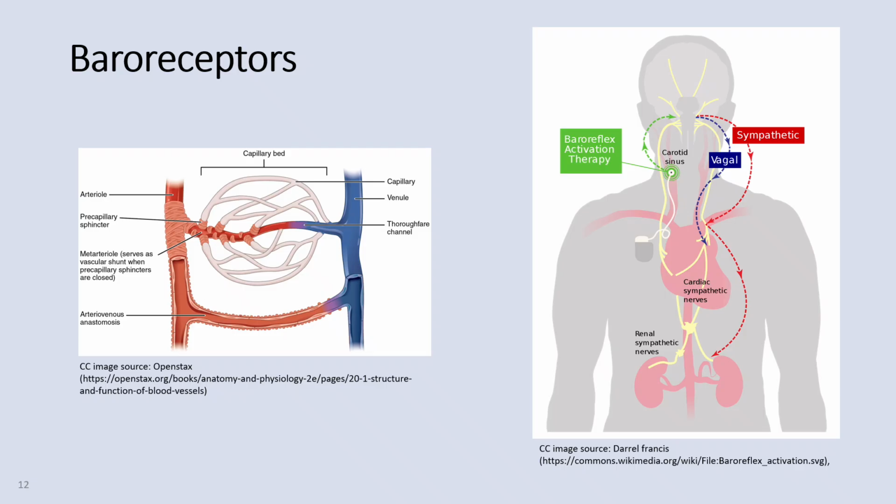The small sphincters seen in the left image on the arterial side of the capillary beds control the flow of blood through the capillaries. If the precapillary sphincter is relaxed, blood moves through the capillary. If the precapillary sphincter is constricted or contracted, the blood is shunted away from the capillary. The precapillary sphincters help to maintain arterial pressure and control the movement of blood throughout the capillary beds.